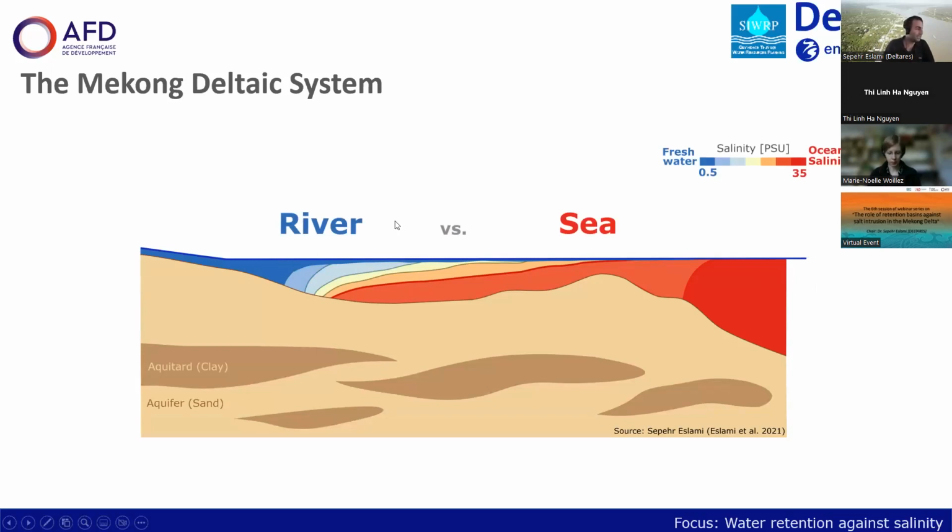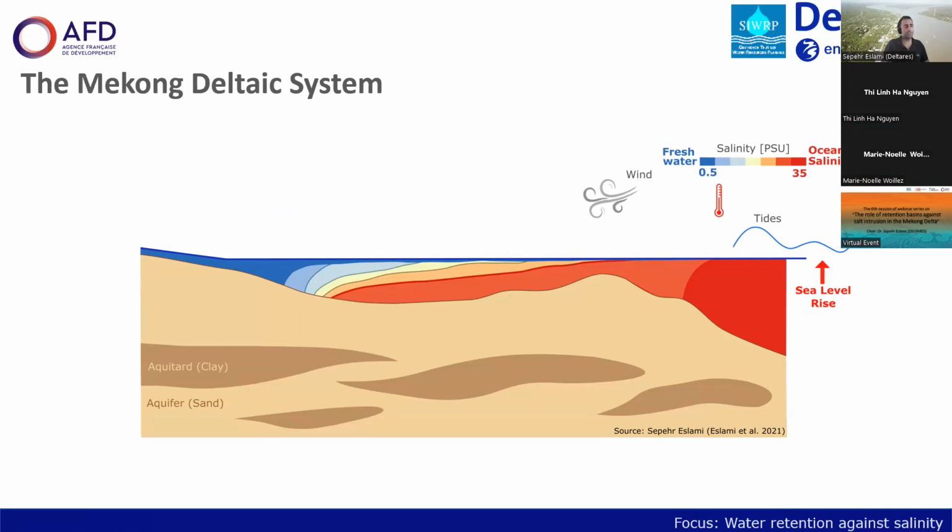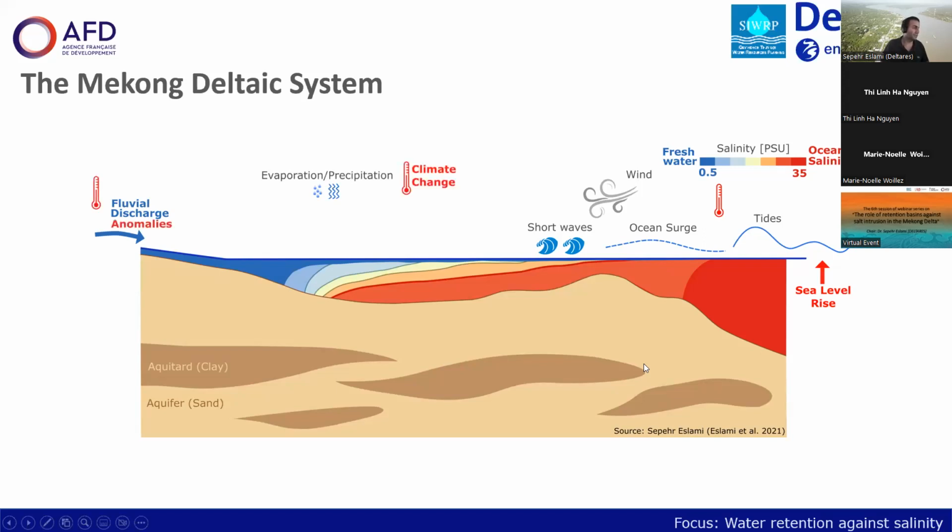Salinity is basically the competition between the forces of river and sea. It's influenced by tides, by sea level rise, by wind, waves, and ocean surge, as well as upstream discharge, evaporation, and precipitation, and their anomalies driven by climate change.